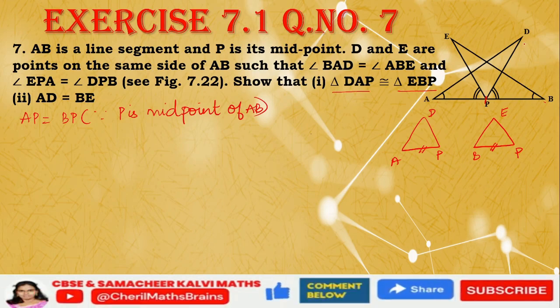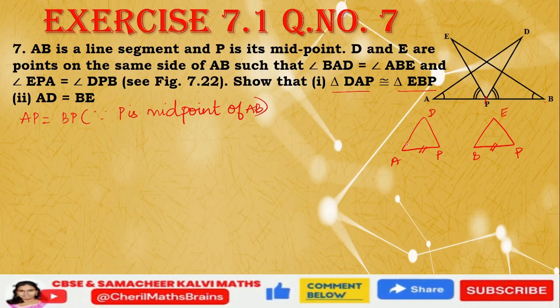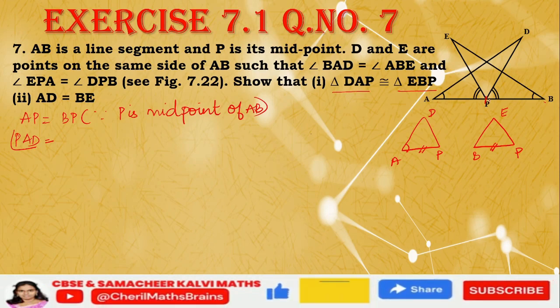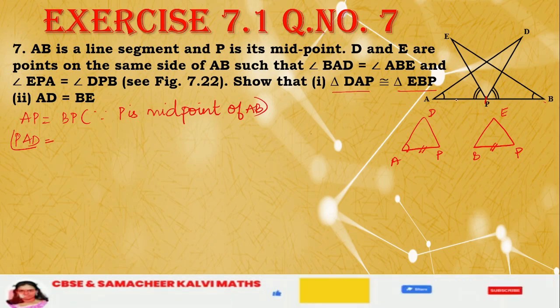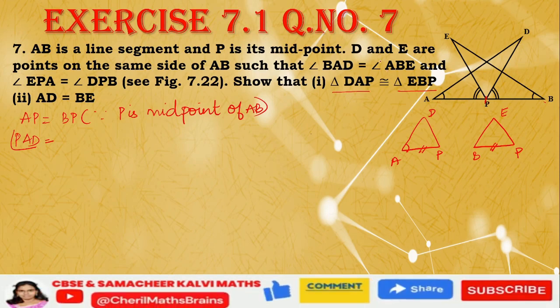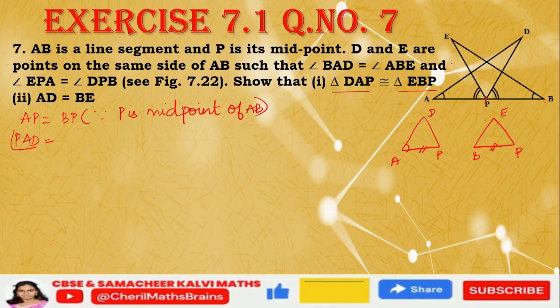Then we are given that BAD is equal to ABE. BAD, I can also name it as PAD. So we are given that PAD is equal to ABE, and ABE we can write as EBP.